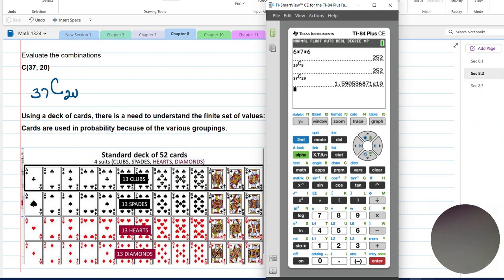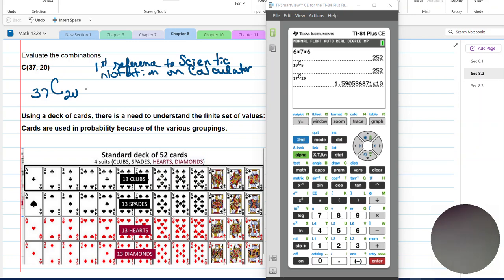And we have our first reference to scientific notation in a calculator. All right. We have the E.